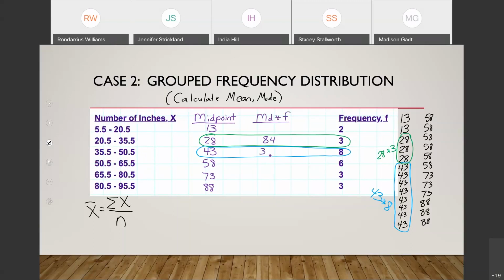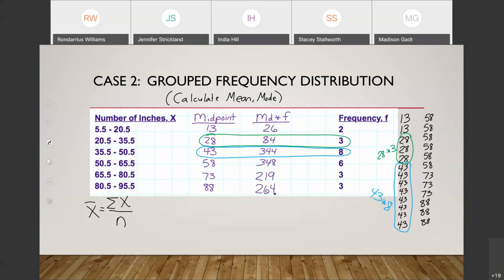All right, and then I'm going to do it for all the other rows as well. Okay, so 13 times 2 is 26. 58 times 6 is 348. 73 times 3, 219. 88 times 3, 264.